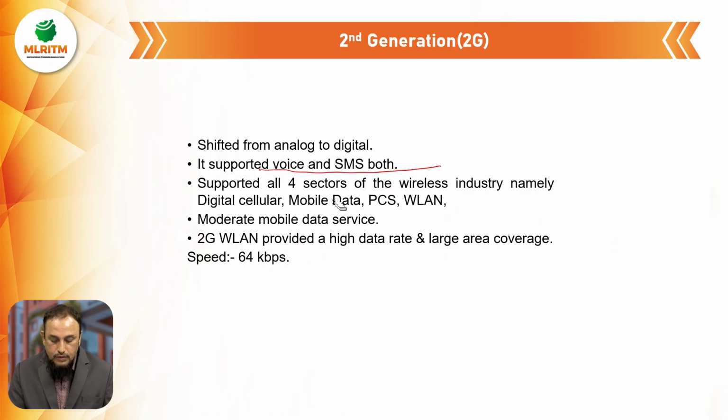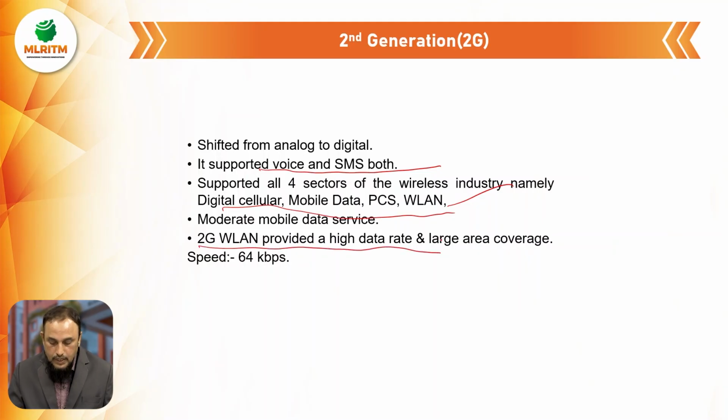So it supported all four sectors of the wireless industry, namely digital cellular, that is mobile data, and the personal communication systems, and this wideband code, wireless LAN, moderate mobile data services. Now 2G wireless LAN provided high data rates here.